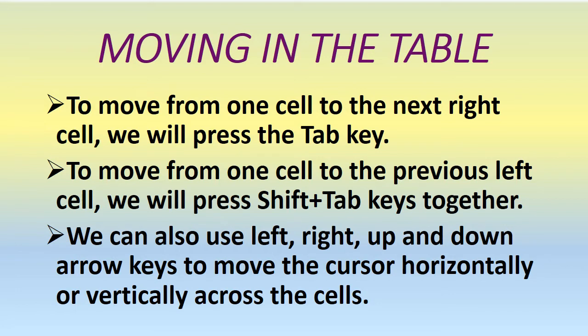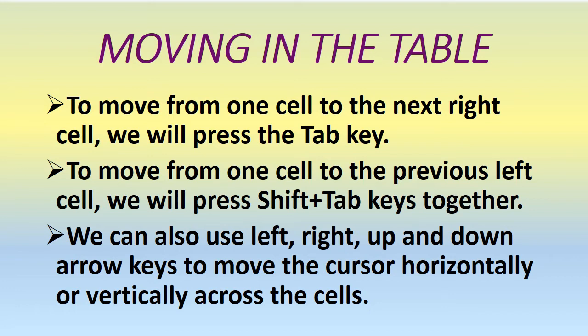So you can press the left arrow to move to the left cell, the right arrow to move to the next right cell, the up arrow to move to the next up cell, and the down arrow to move to the next down cell.